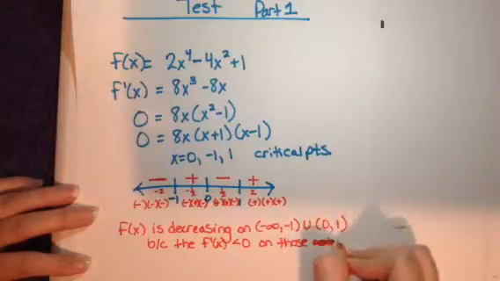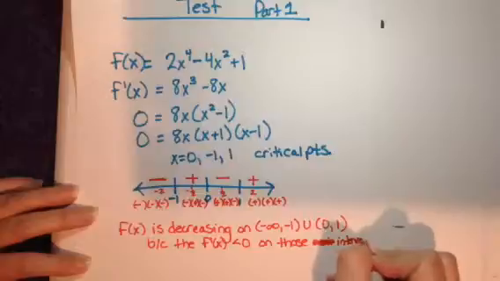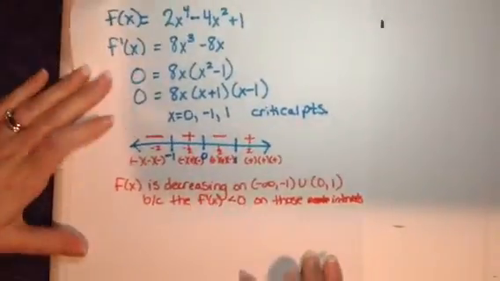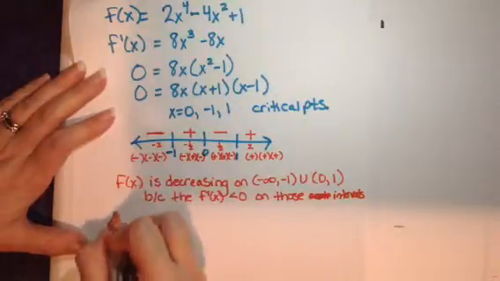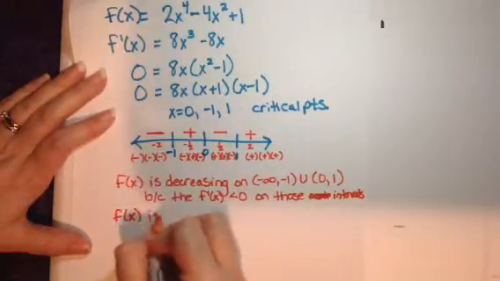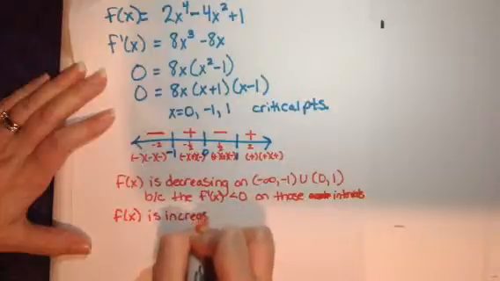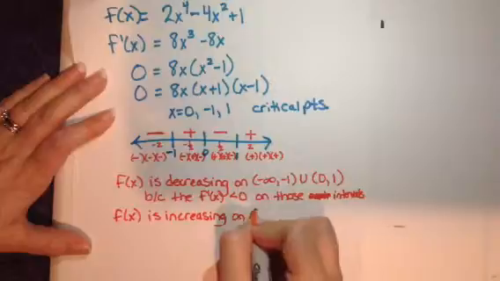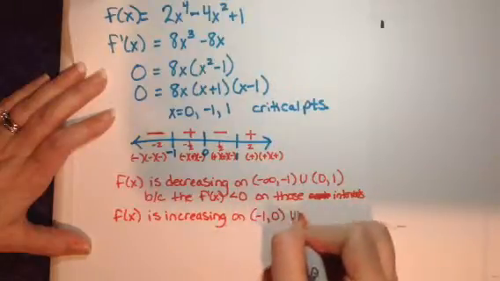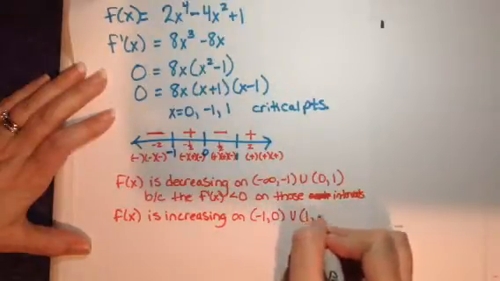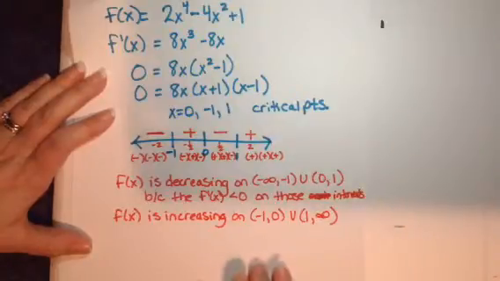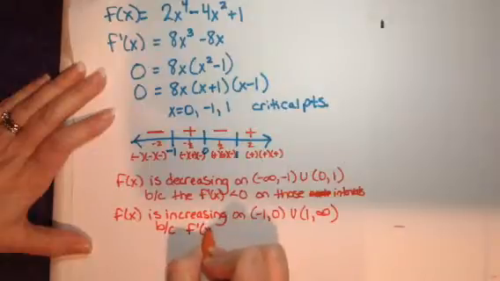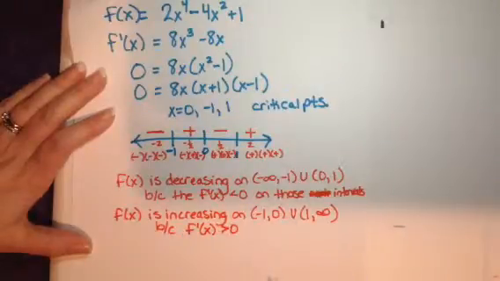Now, f of x is increasing on the intervals where the derivative is positive. That's going to be negative 1 to 0, union 1 to infinity. Why? Because the first derivative is greater than 0 there.